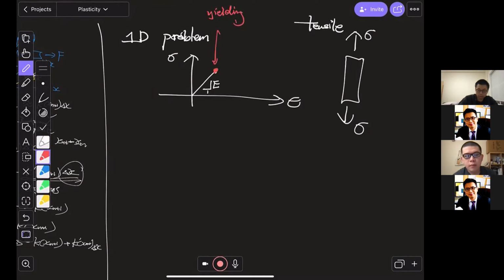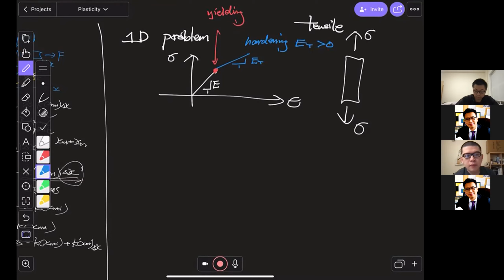Okay, and then after yielding, there are multiple possibilities. One is that I will have hardening. Hardening means that if I look at the tangent of the hardening part, ET is greater than 0.